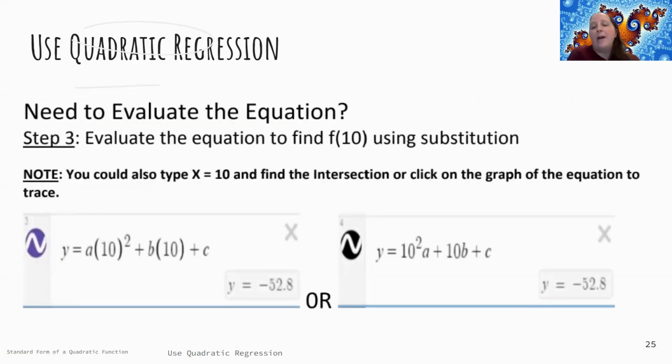If you need to evaluate the expression, you just simply type in Y equals A, whatever value you wanted in for X, squared, plus B, your value for X, plus C. In this case, they wanted to do 10. And it came up with the solution for you. You can also type in like 10 squared A plus 10B plus C, and it'll give you your answer for you.